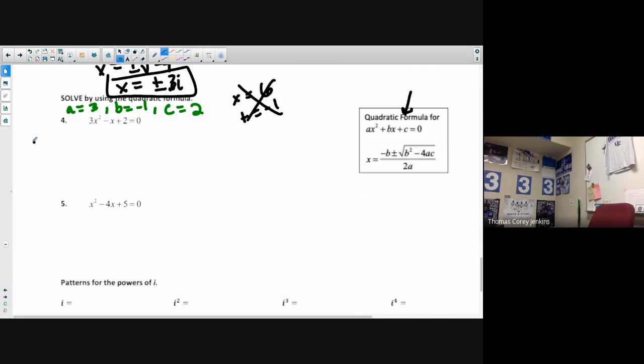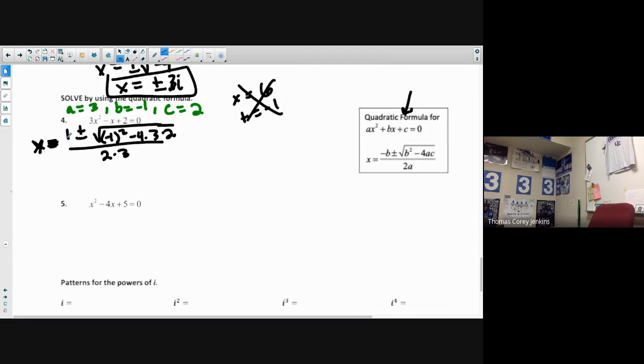So x equals 1 plus or minus the square root of b squared, so -1 squared. You might just type 1 squared there so you don't mess it up. Minus 4 times 3 times 2, all of that over 2 times a, so 2 times 3.